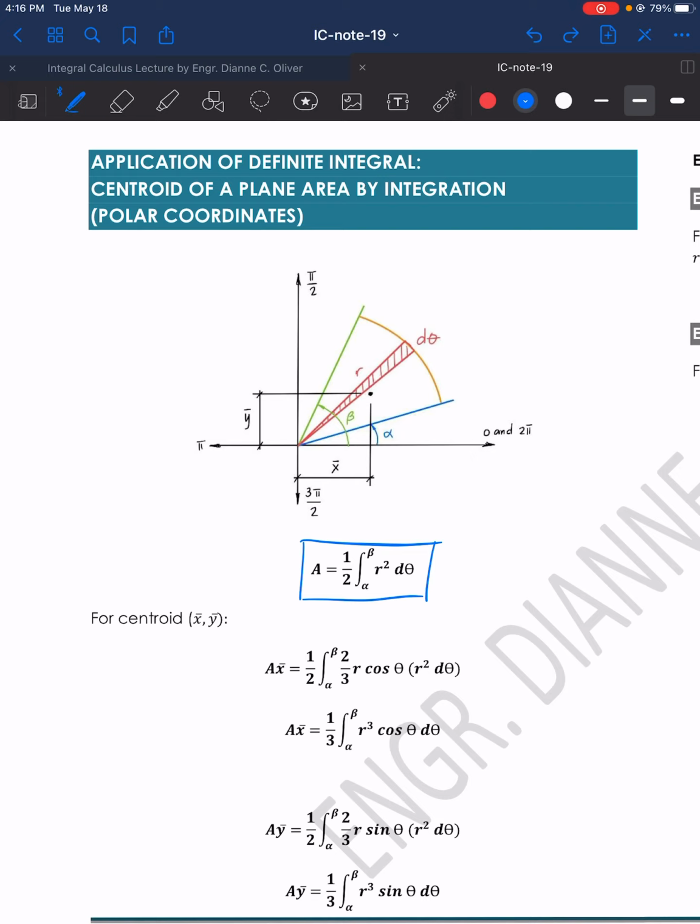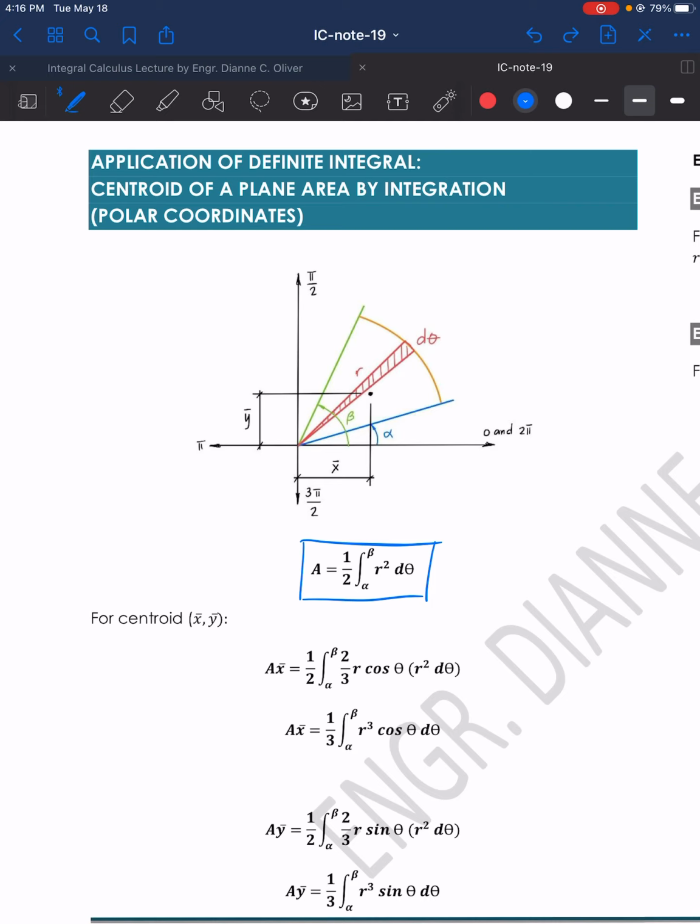And the formula for that is area is equal to 1/2 integral of r squared d theta from the lower limit to the upper limit. So lower limit alpha, upper limit beta. In the previous video, we were also able to find or solve for the upper limits and the lower limits.